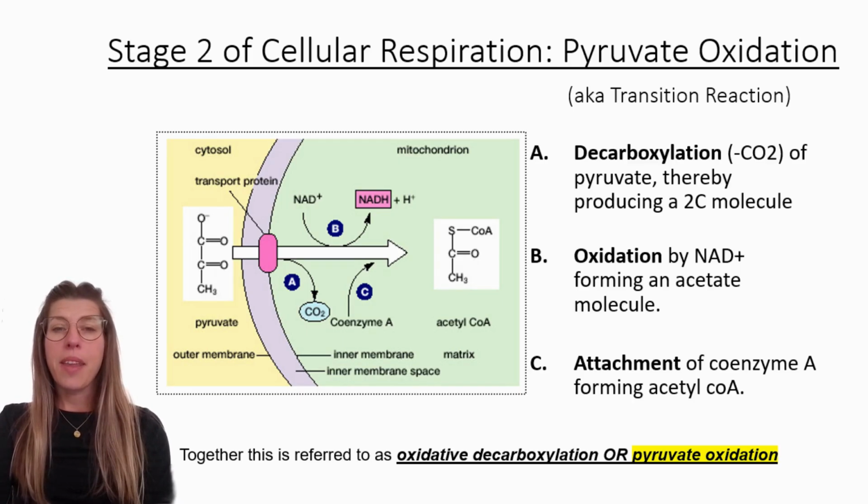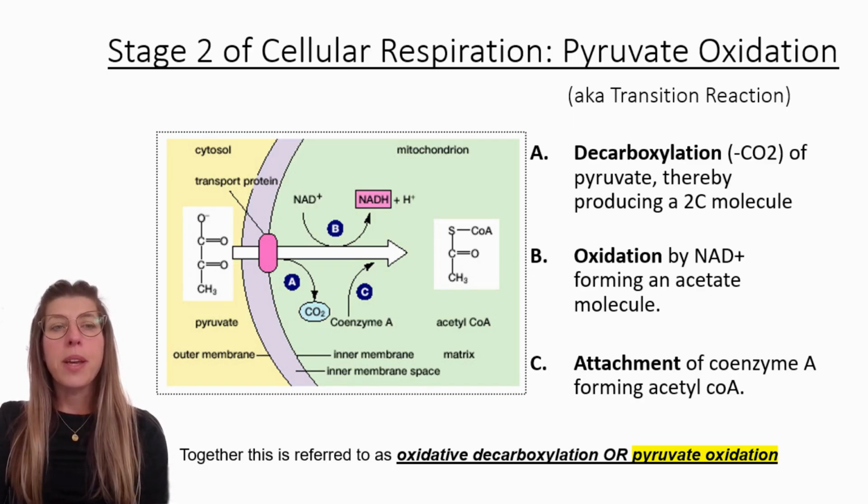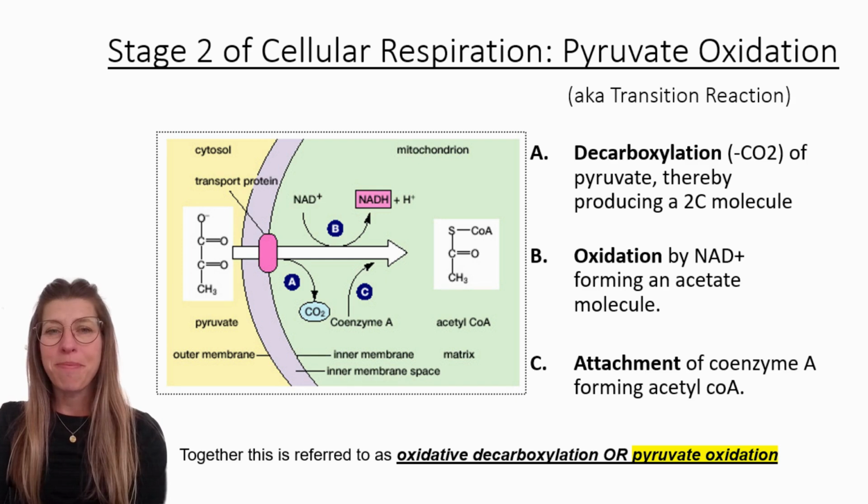So that's why we'll often call it pyruvate oxidation. Sometimes it's called oxidative decarboxylation because the pyruvate cleaves the CO2 off of the molecule, and that's called decarboxylation. But we'll stick with pyruvate oxidation.